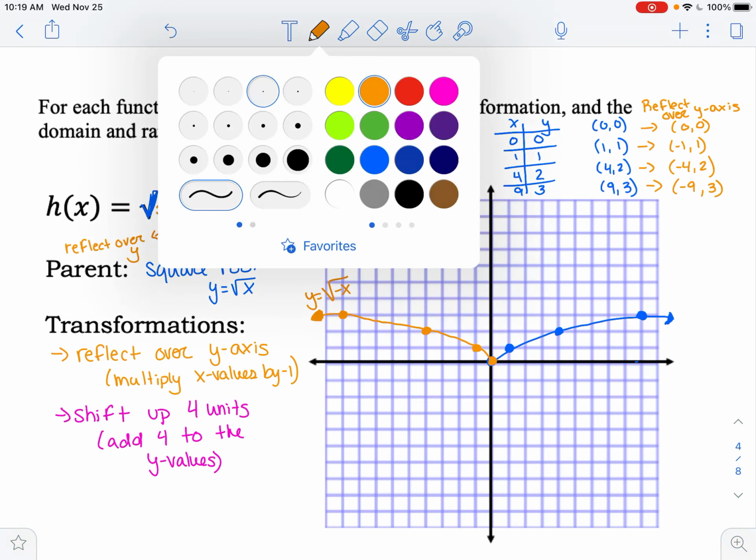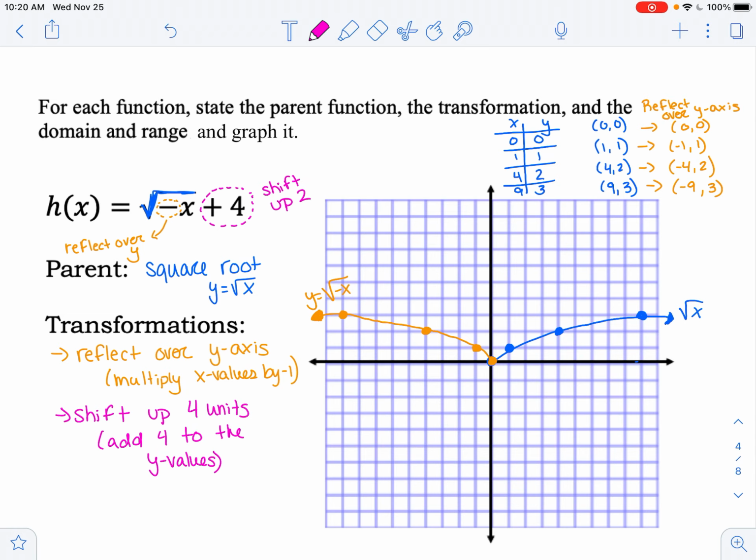So now I need to add 4 to all of my y values. So I'm going to do (0, 4), (-1, 5), (-4, 6), and (-9, 7). Right, and on my graph I can just count up 4 spaces and plot my points.